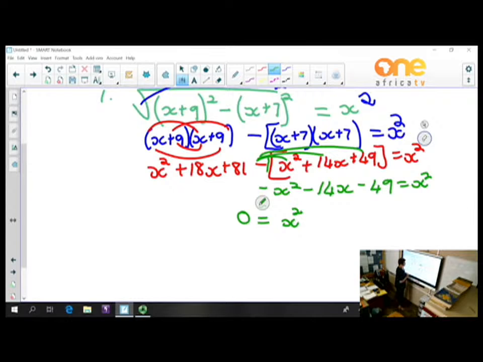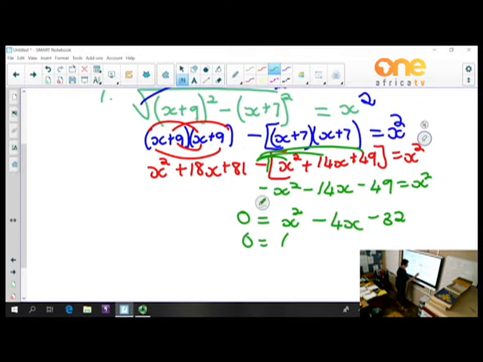This 2 will cancel out. What is plus 18 minus 14 is 4. And I take it over, so it becomes minus 4x. Remember, I all take them over to the right-hand side now. And what is 81 minus 49? Positive 81 minus 49 is equal to 32, but I'm taking it over, so it's minus 32.